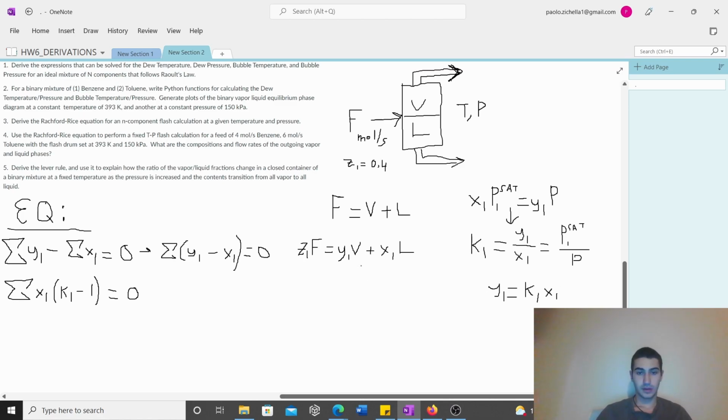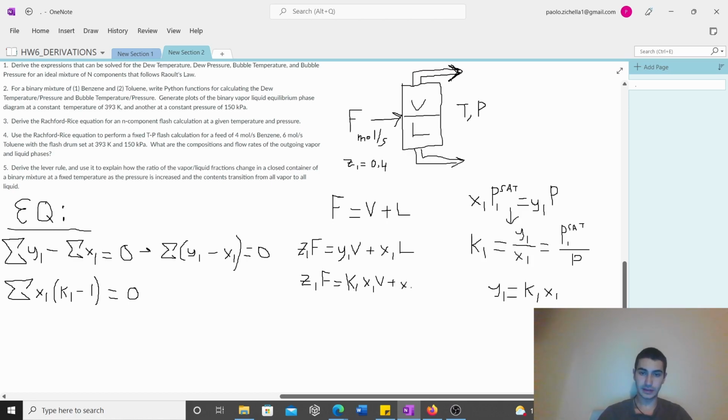Starting with that, we then have z1 multiplied by F, so the fraction of benzene multiplied by the feed, is now going to be equal to Ki xi V plus xi L, right?